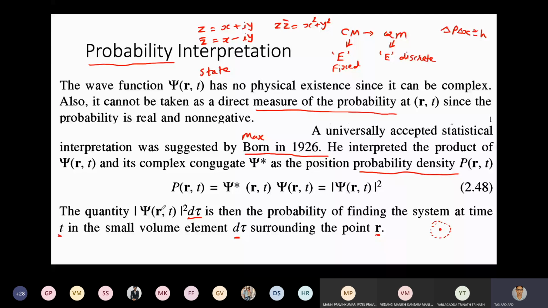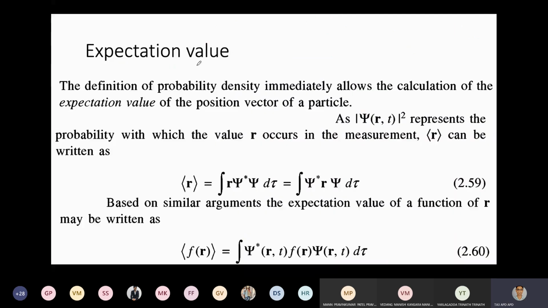For example, if I want to find out the position of the particle, then I will simply multiply r by this particular probability. If I want to find out the momentum of the particle, I simply multiply it by this probability. Okay. So there is a term called expectation value.